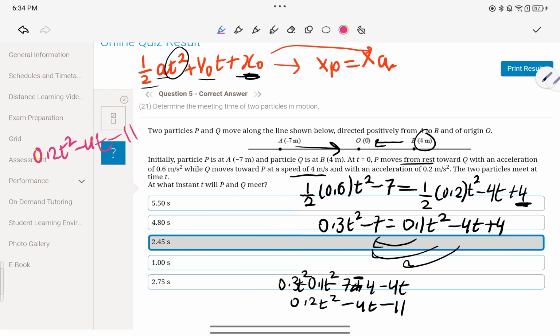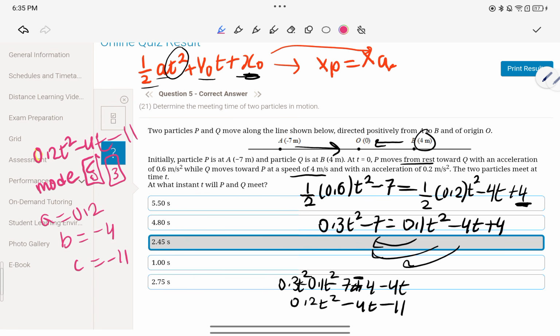Okay, you will do mode 5, 3. In mode 5, 3, in A you're going to put 0.2, B negative 4, C negative 11. Okay, first answer you're going to get 20.